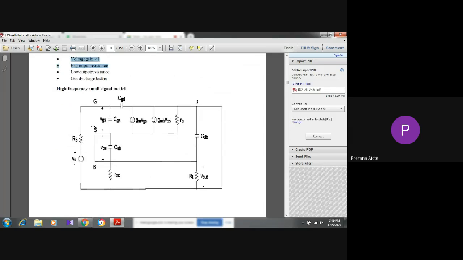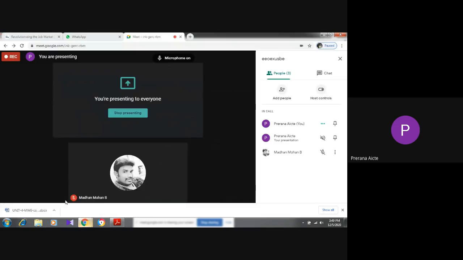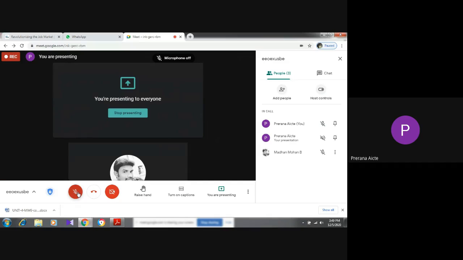Next, this is the equivalent model, the high frequency small signal model for the common drain amplifier. See, this is CGD, the gate drain capacitance, CGS, the gate source capacitance, and the current source. And these are the additional capacitors, CDB, CSB.